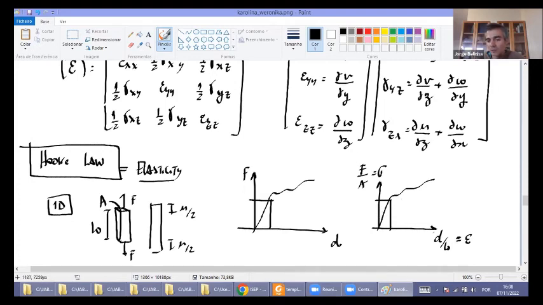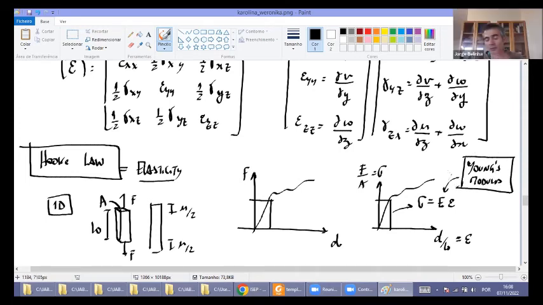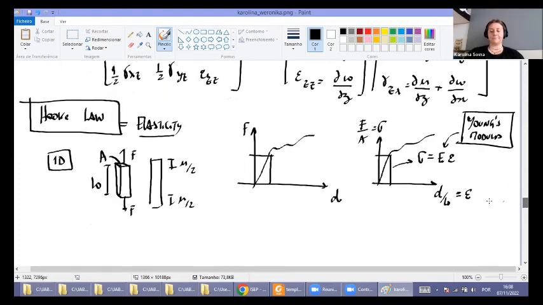The relation between the strain and the stress in this part is given by the Young modulus, or the elasticity modulus. This is the Hooke law for 1D.